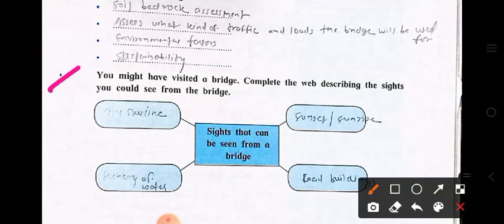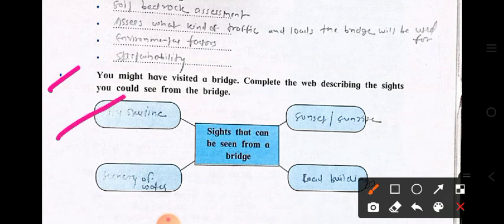As per the location, one can have different experiences. For example, a bridge in a village shows different sights, and a bridge in a city shows different sights. So let's take an example from the city area. There one can see the city skyline.